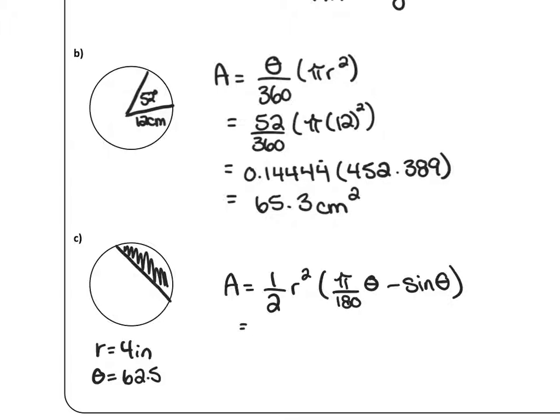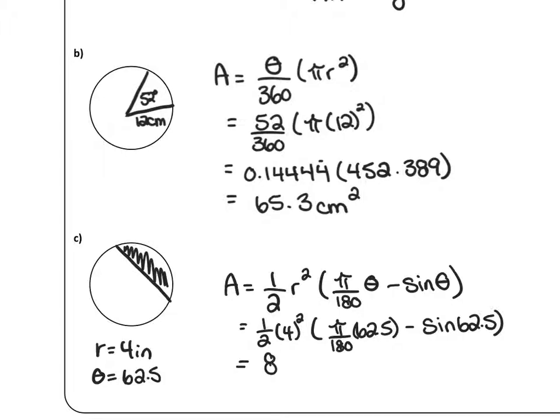All right, let's plug in all our numbers. 1/2 times 4 squared times pi over 180 times 62.5 minus sine of 62.5. Just make sure you follow BEDMAS and do everything a little bit at a time. I'm going to do the first little section first. 4 squared is 16, and then times 1/2 is 8.